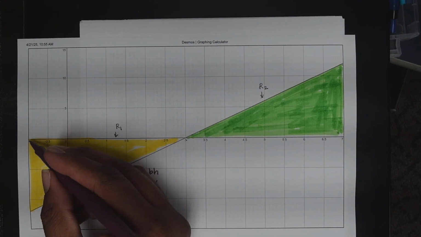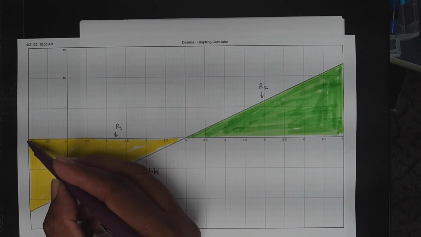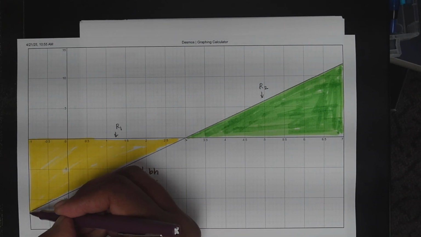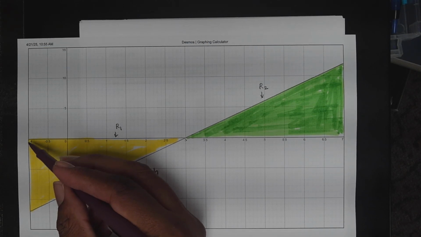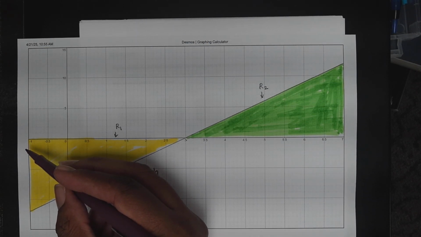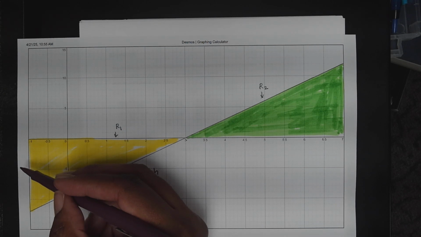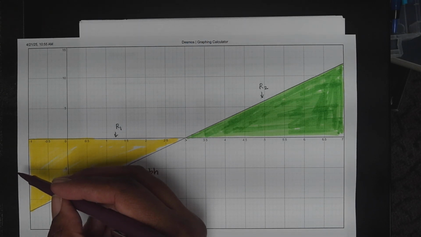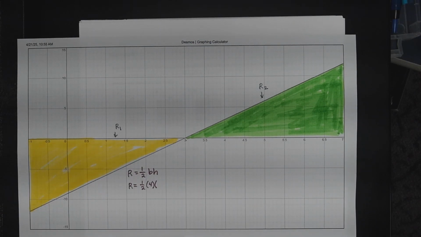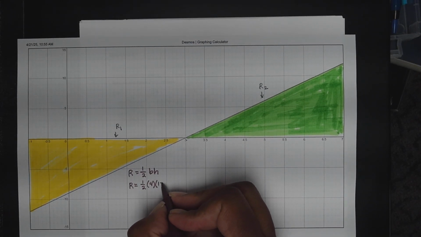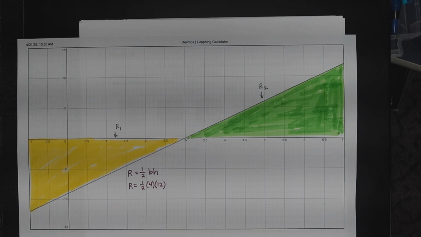The height going straight up and down is from 0 to 12, because at -1, 3 times -1 is -3, and -3 minus 9 would be -12. So it has a height of 12, and we're using positive here.